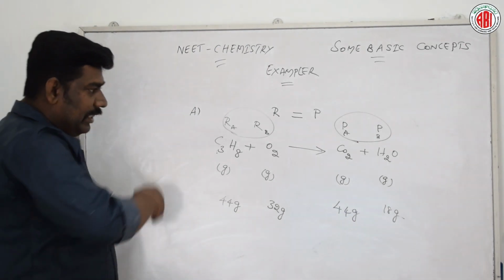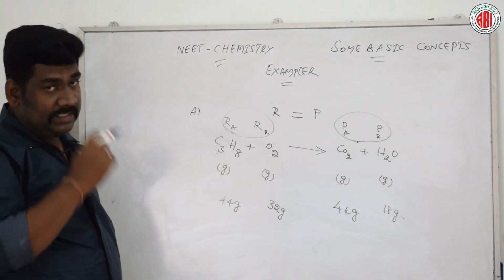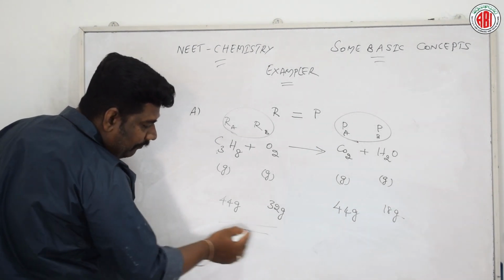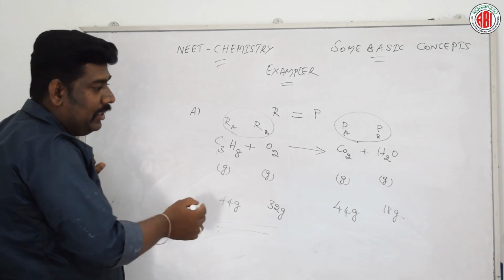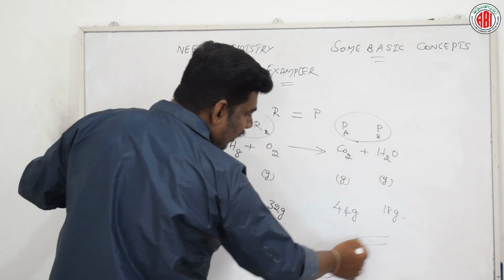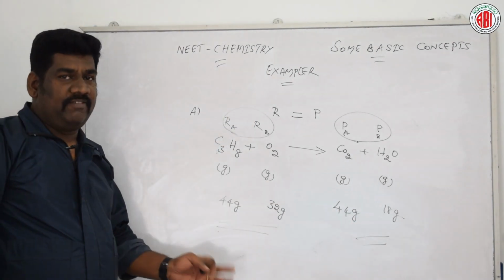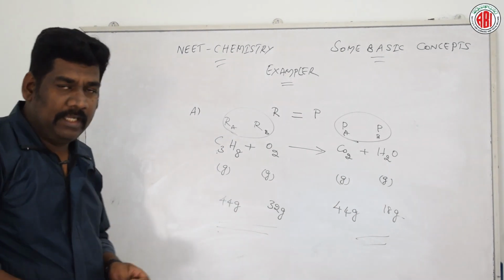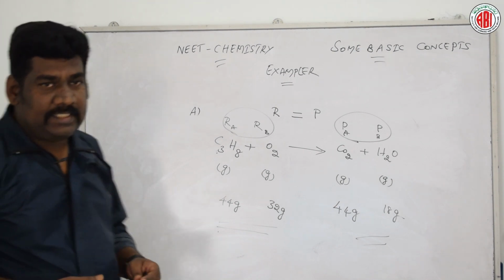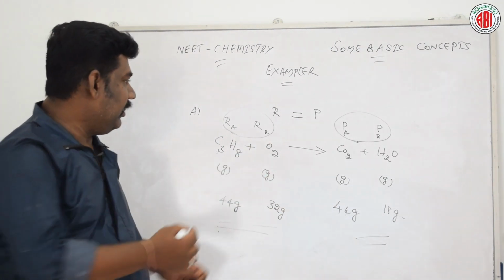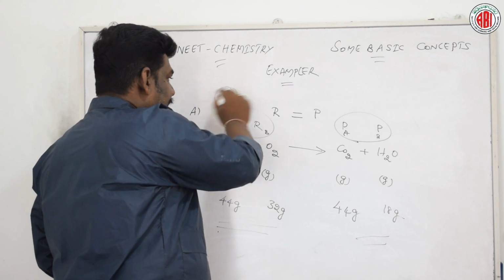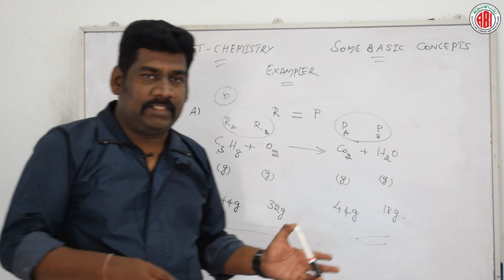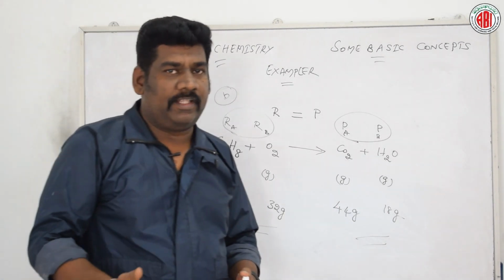So in the entire chemical equation you can easily find that the mass of the reactants is not equal to the mass of the products. This is the law of conservation of mass. Based on that, this particular equation is not obeying the law of conservation of mass. That is the reason option B is not obeying the law of conservation of mass. So by this way we can solve this problem. Let us go for the next question.